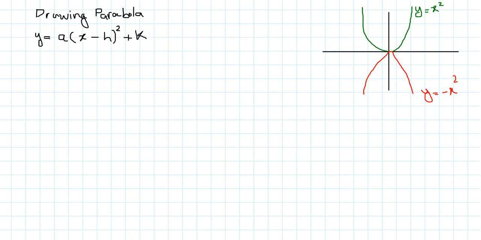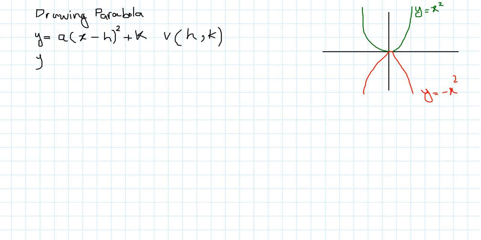So what are the coordinates of the vertex point? It is (h, k), but with the opposite sign of h and the same sign of k. If we have x plus h, we have minus h, but if we have minus k, we have minus k here.